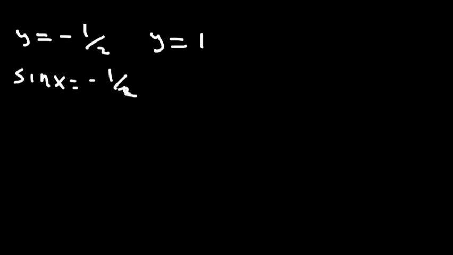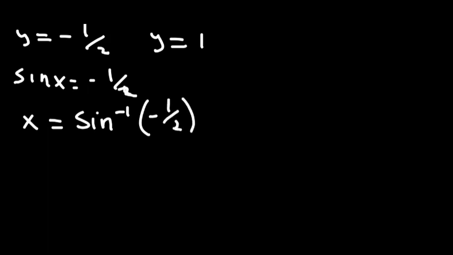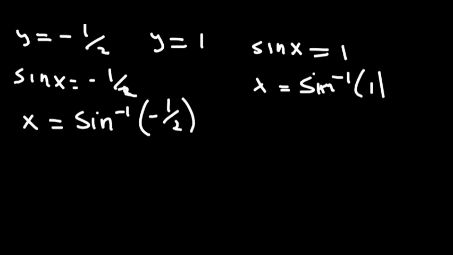So x is equal to sine inverse of negative half, the angle we are trying to find. And then for the other one, sine x is equal to 1, so x is equal to sine inverse of 1. That is the thing we're trying to find.